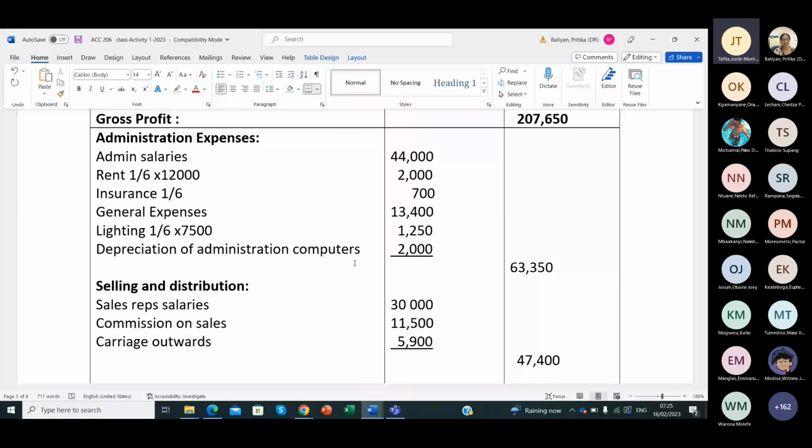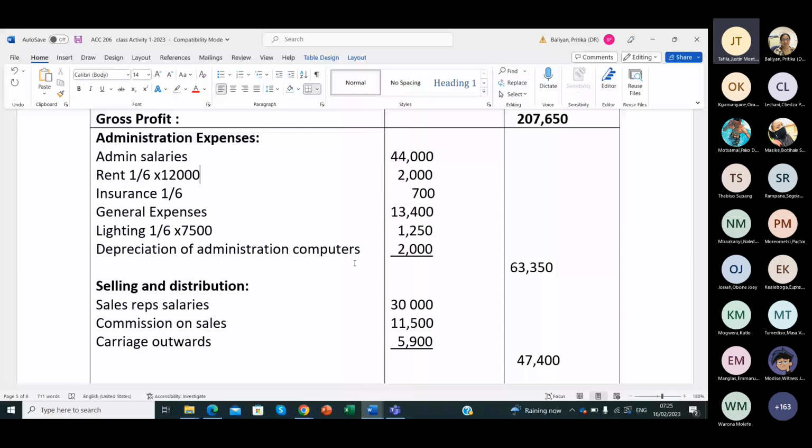So when they're saying 10% of the cost price, we have to look at what is the cost price of computers used for the administration, which is also given in the question. 20,000 is the cost. So we calculate the 10%, which makes 2,000. So you will write here 2,000, okay?